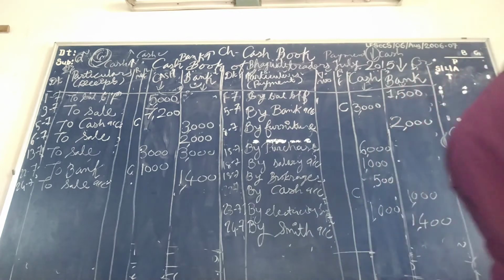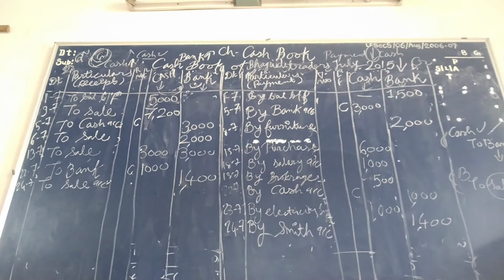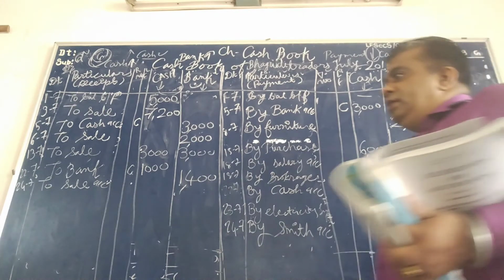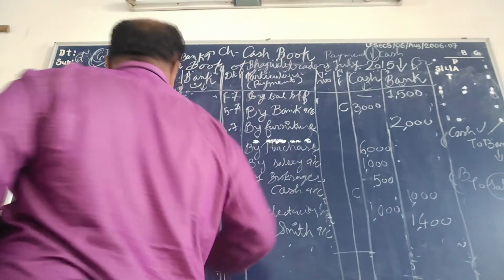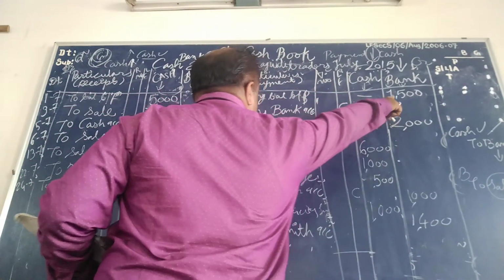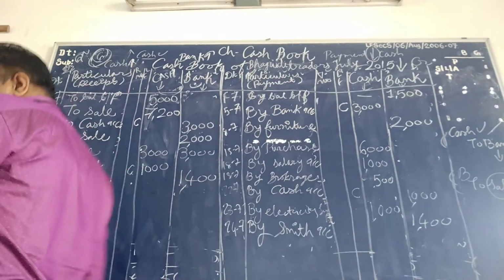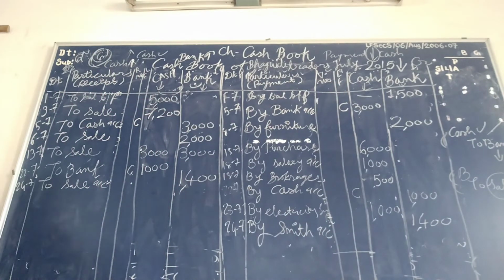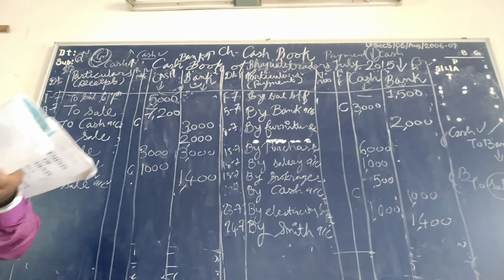Now transaction of 28th July, bank debited 100 rupees to our account for interest on overdraft. We have taken 1,500 credit, means overdraft from the bank for 1,500, and the bank charged 100 rupees interest on it.